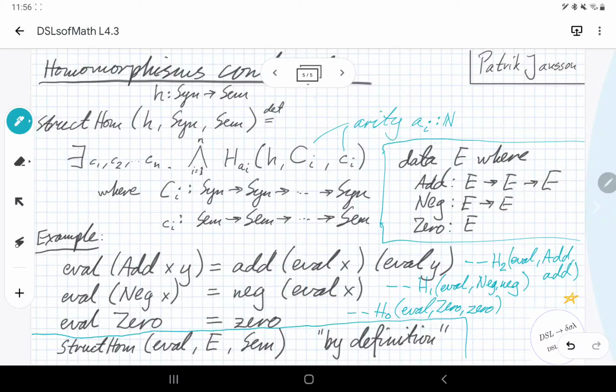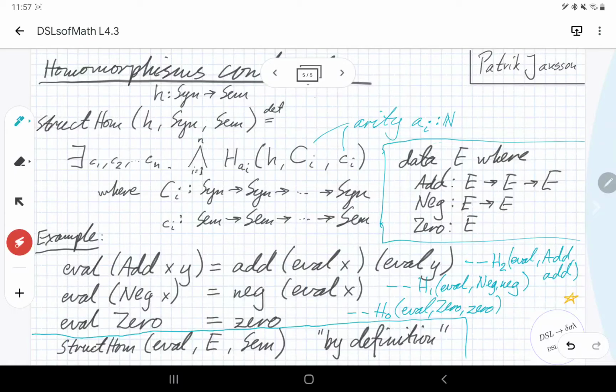So that means that for all of the constructors of the data type, if this is the definition of the function, I do have the prerequisite parts of the definition of the structural homomorphism, the h2, the h1, and the h0. So whatever add, neg, and 0 I get, by definition, this eval function will be a structural homomorphism from E to my semantics. It doesn't have to be an interesting one, but it does do the right thing for this predicate to hold.